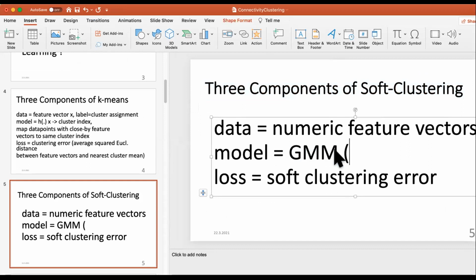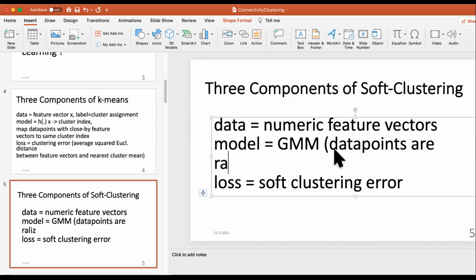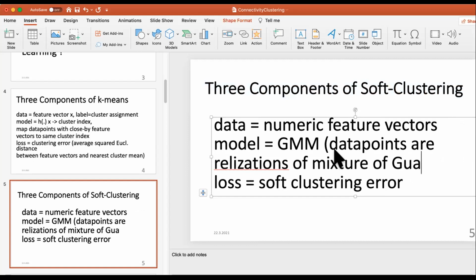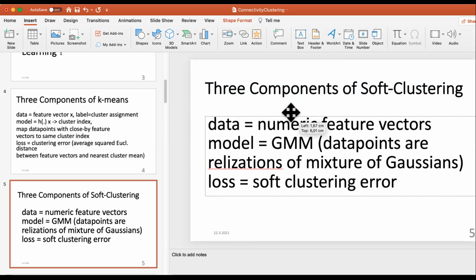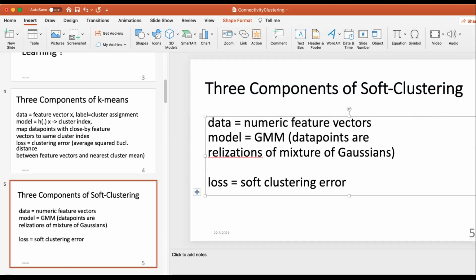So we assume the data points are realizations of a mixture of Gaussian distributions, or let's call it Gaussians. So that's a probabilistic model, but in the end, it again corresponds to a map that reads in a feature vector and outputs.